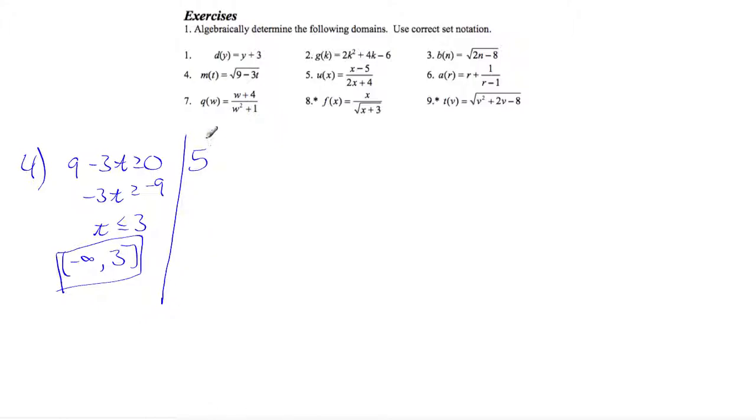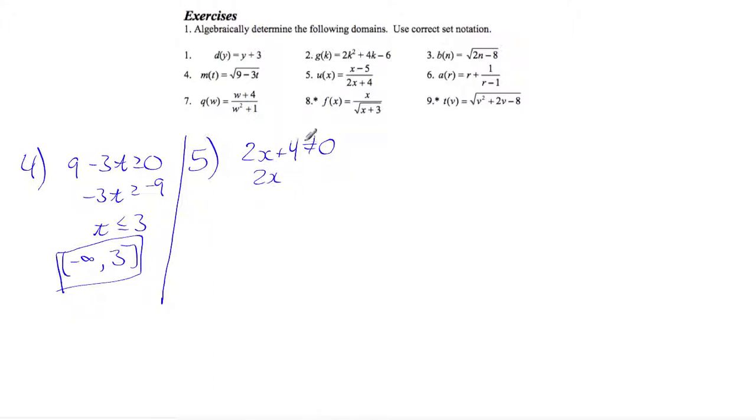Number 5, you have to, again, think about what I can't plug in. What can't this be? This function here for number 5 is a fraction. Fractions can be negative, they can be positive, but the denominator can never equal 0. So that means that 2x plus 4 cannot equal 0.